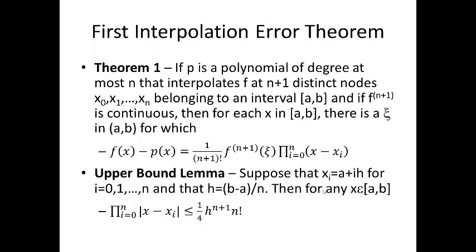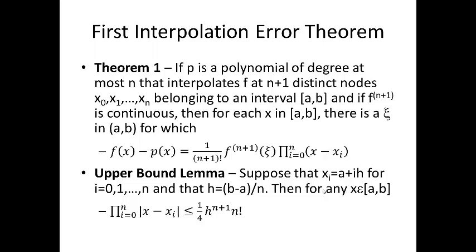The first one: if p is a polynomial of degree at most n that interpolates f at n+1 distinct nodes x0, x1 to xn, belonging to an interval [a,b], and if the (n+1)th derivative of f is continuous, then for each x in [a,b], there is a xi in [a,b] for which f(x) minus p(x) is equal to 1 divided by (n+1)! times the (n+1)th derivative of f at xi, and we multiply that by the product of (x minus x_i).